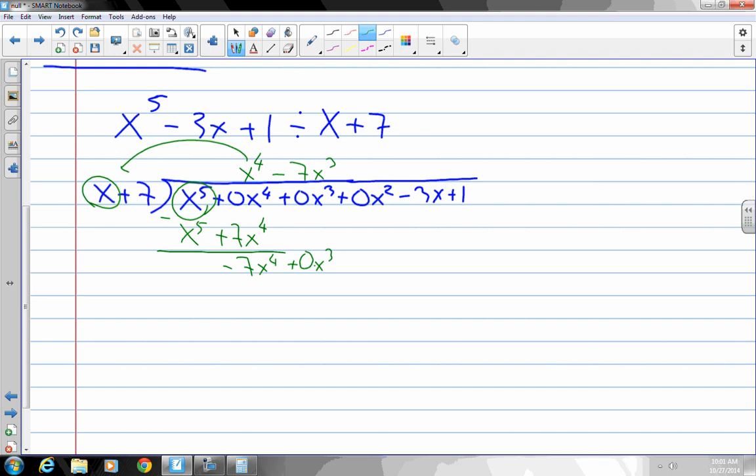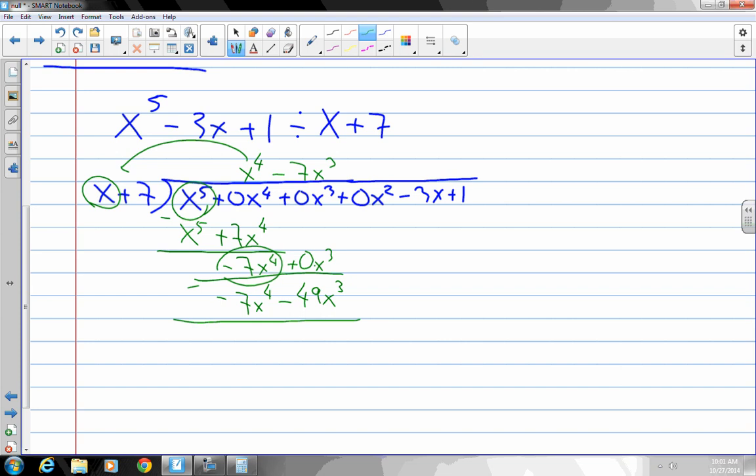Well, yeah, I'm dividing the negative 7x to the fourth by x. So that gives me negative 7x cubed. You multiply back, you get negative 7x to the fourth minus 49x cubed. Things about to get really big really fast. We subtract, so the negative 7x to the fourth minus negative 7x to the fourth cancels.